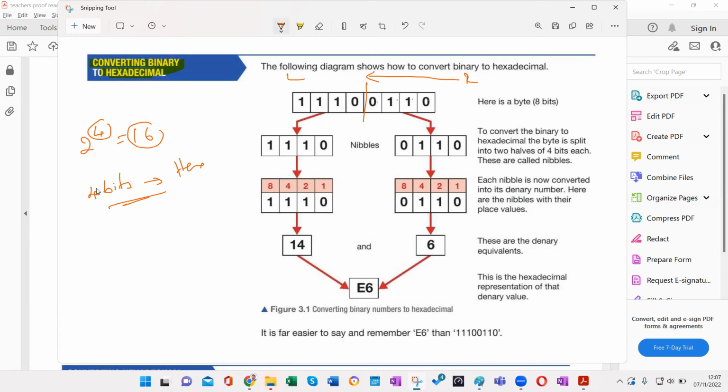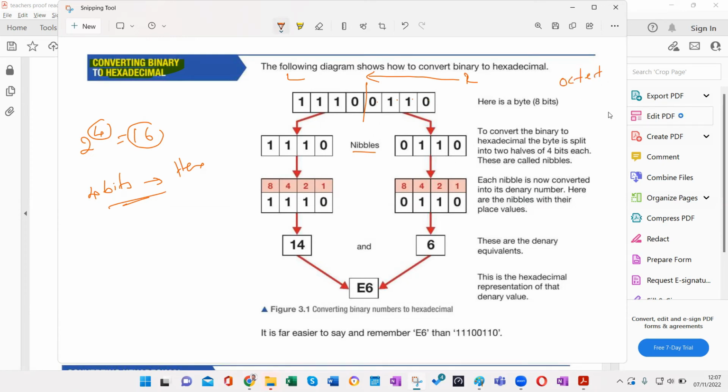Now having this in mind, 4 bits equals 1 hexadecimal value, right? Now we have 2 sets of 4 bits. And did you know that a group of 4 bits is called a nibble? A group of 8 bits is called a byte or an octet.